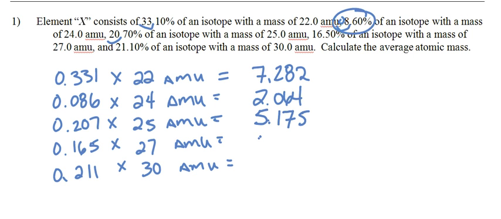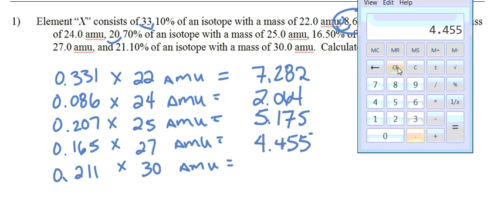So 4.455. Okay. And then the last one here, 21.1% times 30. So 6.33.